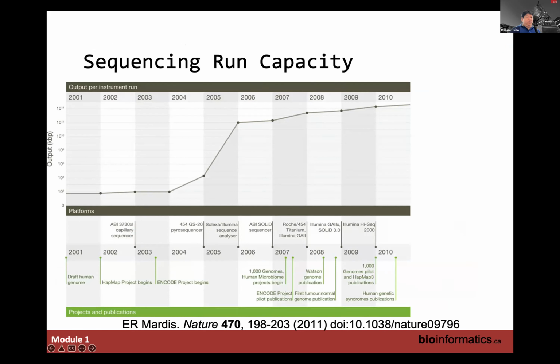And since 2005 or so, when the early Solexa or the Illumina machines first came out, they have indeed increased throughput many folds, with the cost continuing to come down.